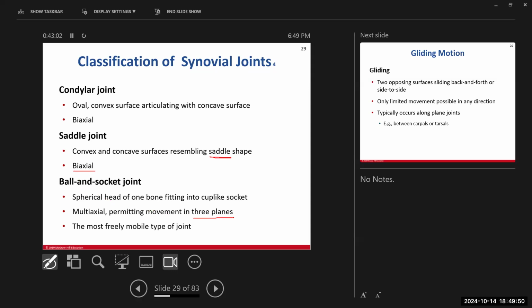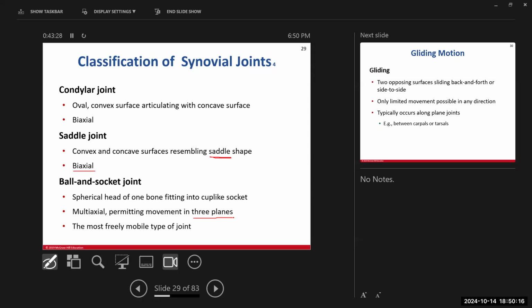You have a ball, and then you have a cup, and that ball fits right into that cup. Your hip joint is a perfect example of that, the femoral acetabular joint, where the head of the femur articulates with the acetabulum. We all know what those things are because we learned them last week. And so that's a perfect example of a ball and socket joint.